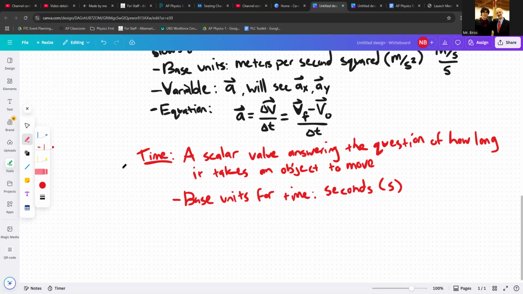If you try to calculate acceleration and your velocity is meters per second, but your time is in minutes, first of all, your units would be meters per second per minute, which is weird, but you're not going to get the right answer. Instead you'd want to convert minutes into seconds and do meters per second and then seconds for time.